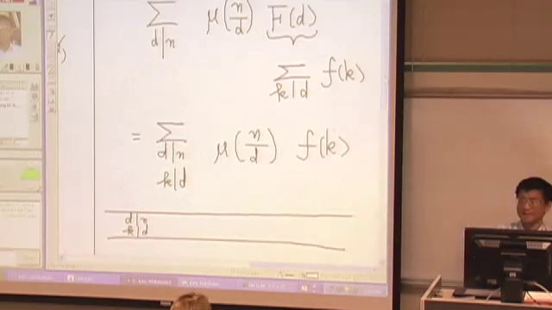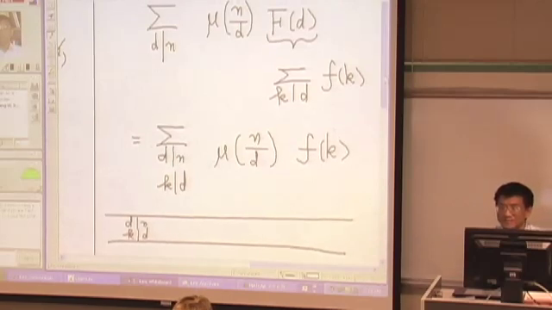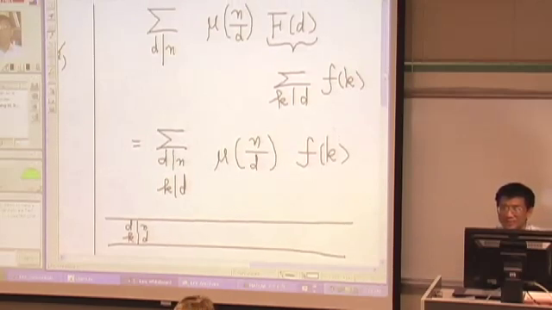I did not pick this well, so I will temporarily switch n and d. For convenience, it's possible to go in this direction, but for convenience, I will switch it.